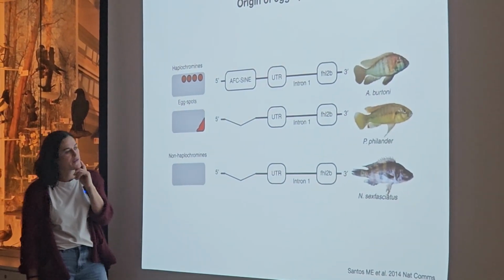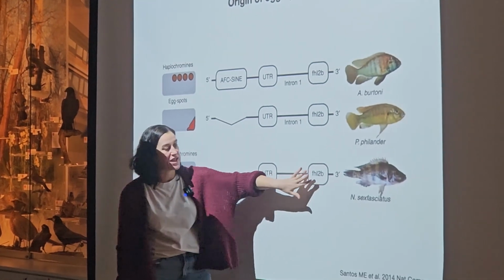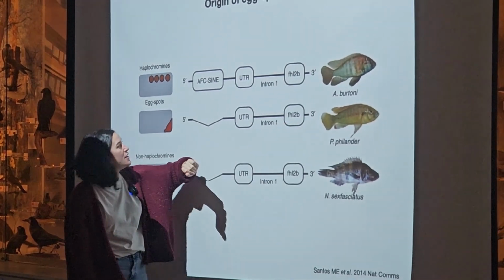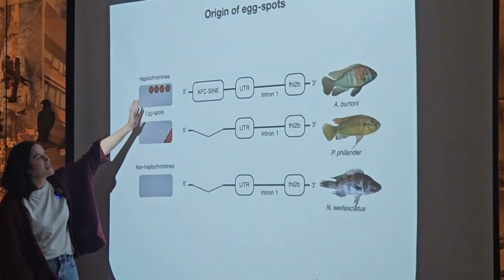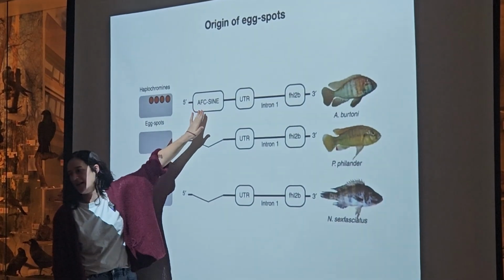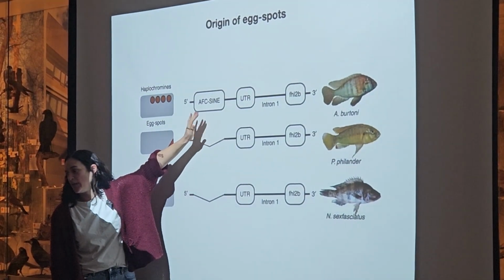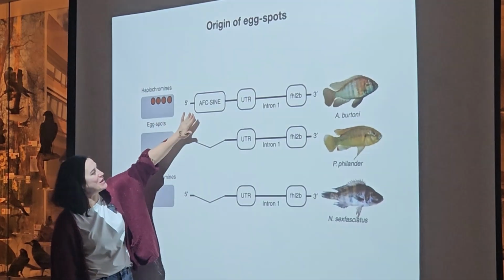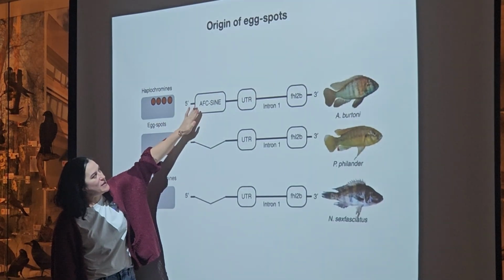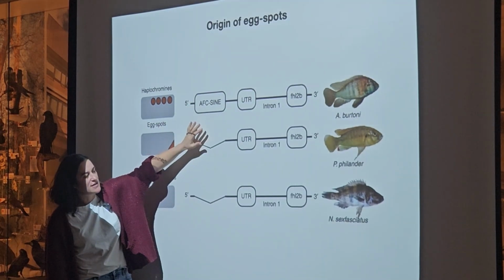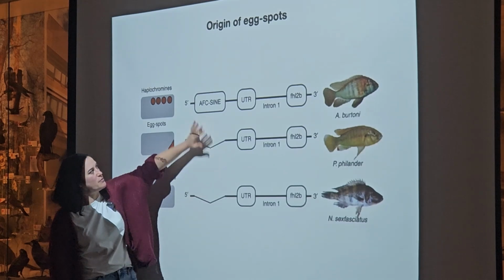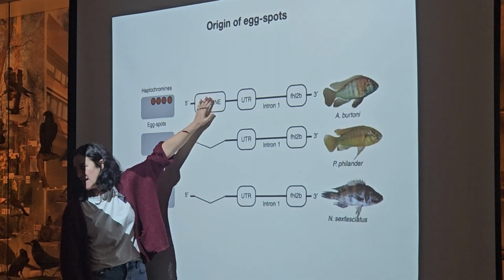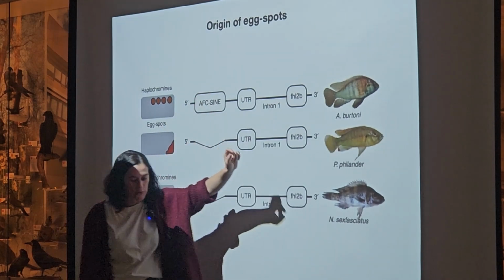And what we found, for example, is that in this gene that acts on a pigment cell, the species that have egg spots have this bit of DNA, which is a transposable element, for people who are interested in knowing what it is. But this DNA bit doesn't exist on the others. And so like this, we could associate the presence of DNA variation to a trait, right?